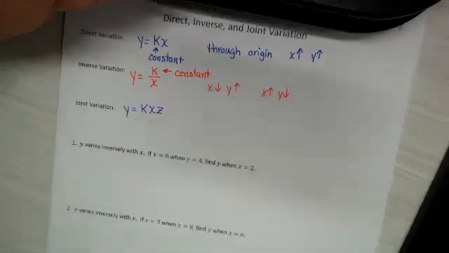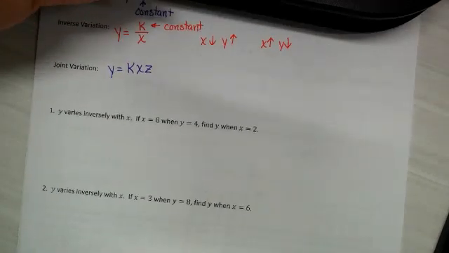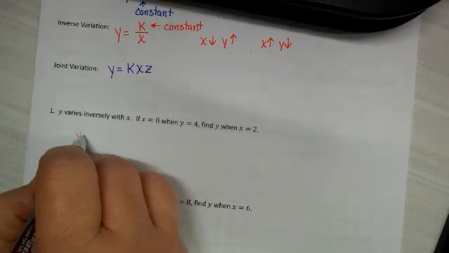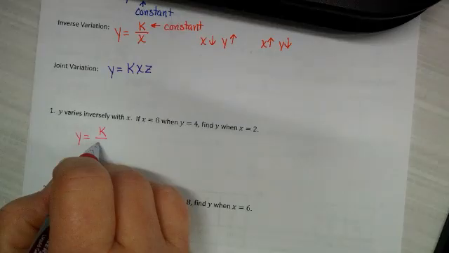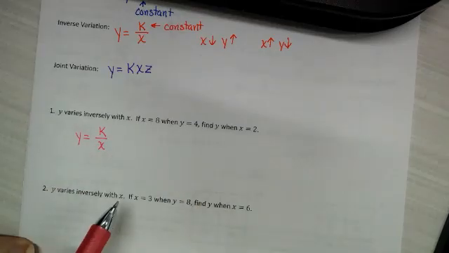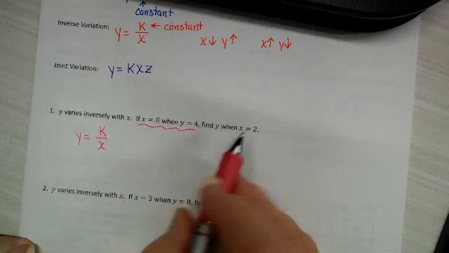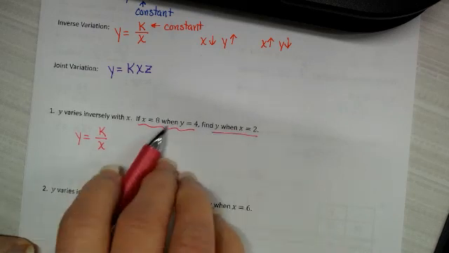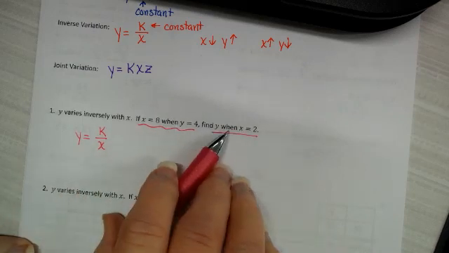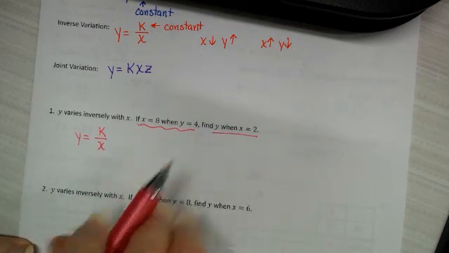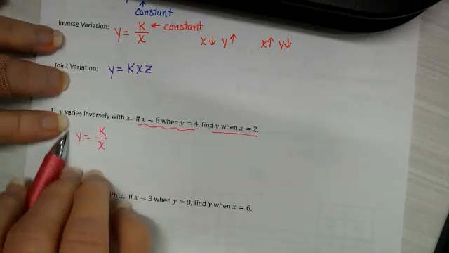So the first problem says y varies inversely with x. So I know right away I'm starting out with y equals k over x. And they give me one scenario and they ask me to solve. Once I use this scenario to find my constant, I solve for the missing variable here. So let's take this equation.